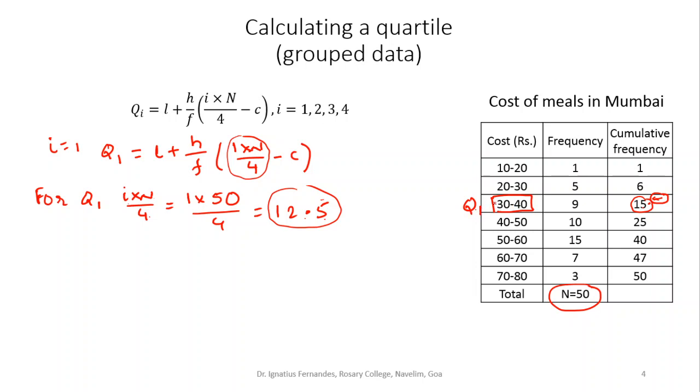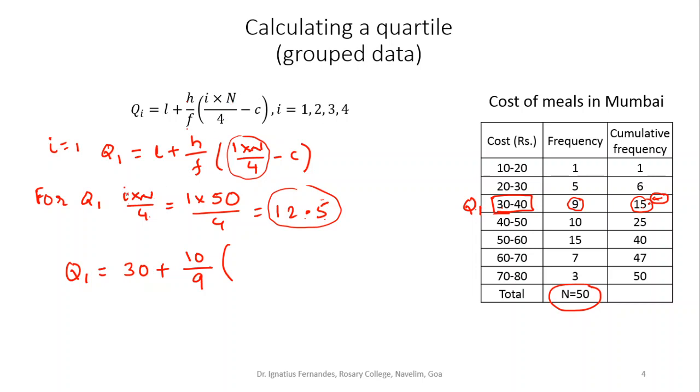Once you identify the class, you just have to substitute these things in the formula. So Q1 will be equal to the lower limit of the class, that is 30, plus class size, that is H, which is 10, divided by F, the frequency of that class, that is 9.